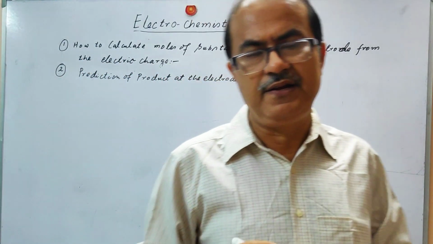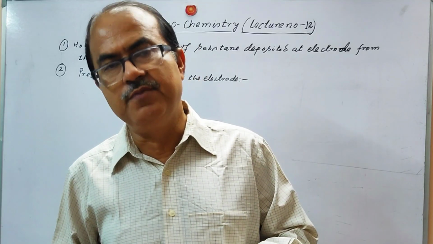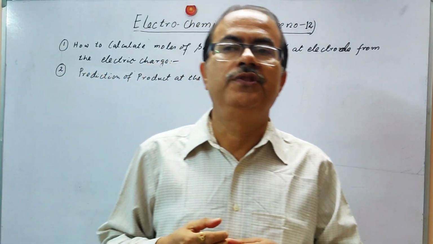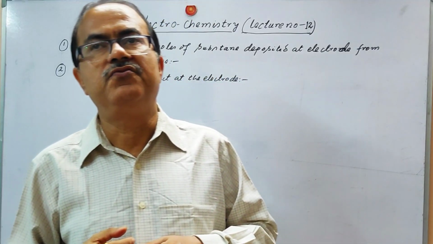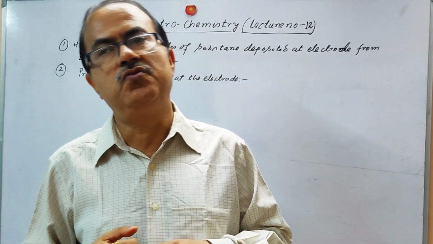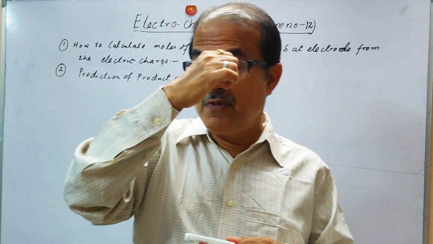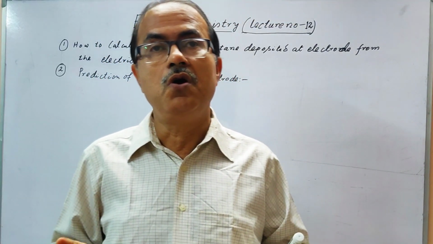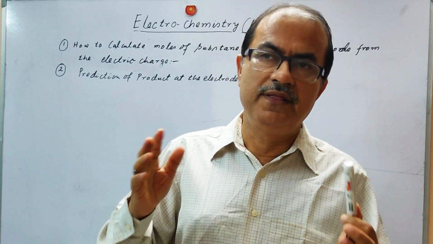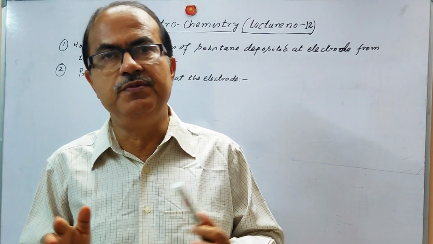There are several factors that influence the product at the electrode during electrolysis. The first is the nature of the electrolytes. Electrolytes may be in aqueous solutions or in molten form. In the molten form, only the electrolyte ions will be there.